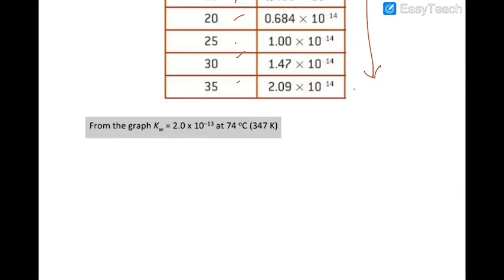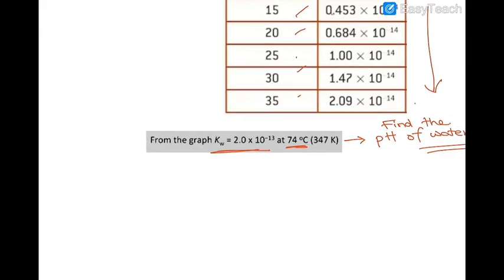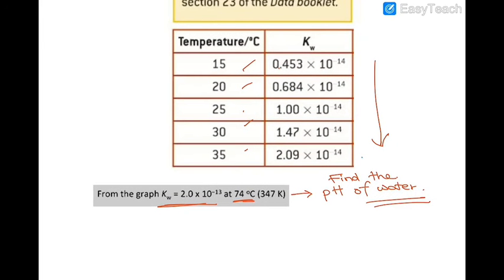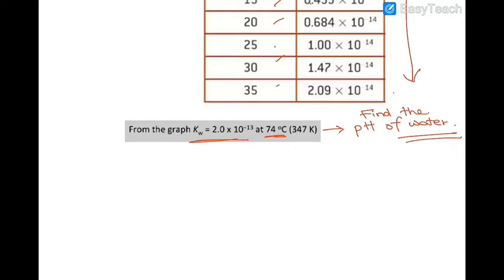Now, from the graph, at 74 degrees Celsius, the Kw value is given. Let's try to find the pH of water at this temperature. Now, because this is water here, and it's going to dissociate, we'll have an equal amount of the ions.